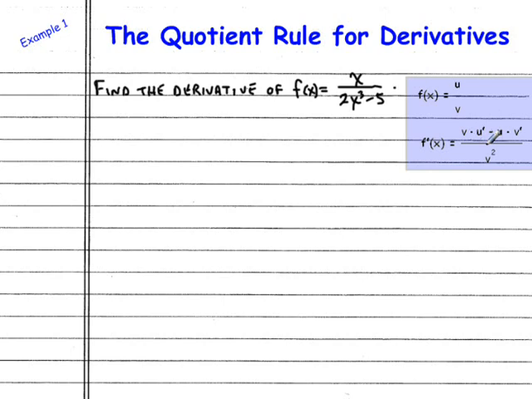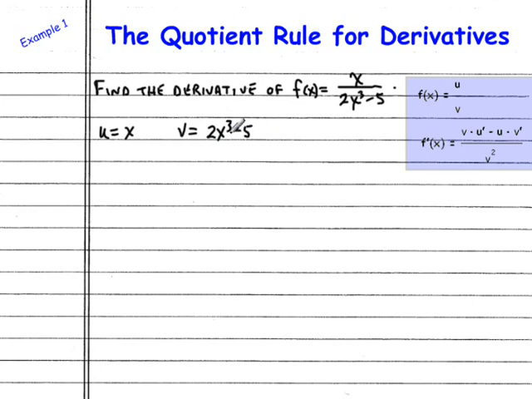And to use the quotient rule, we not only need the u and the v, but we need the derivative of u and v. So we'll start out by naming u as x. And then just as quickly we'll name v, the denominator, 2x cubed minus 5.